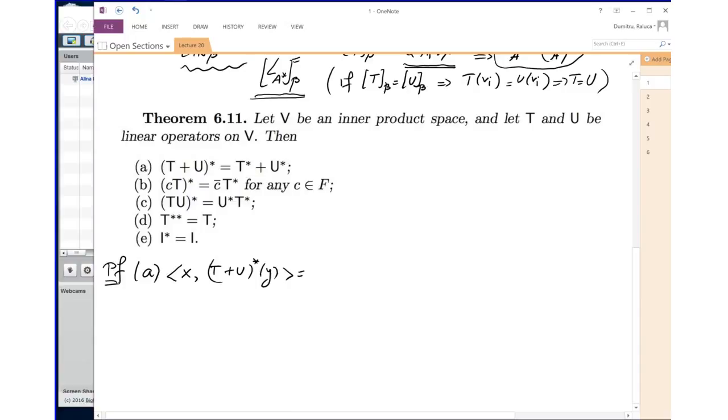I can move T plus U into the first entry. But T plus U is in fact T of X plus U of X, inner product with Y. The inner product is linear in the first.